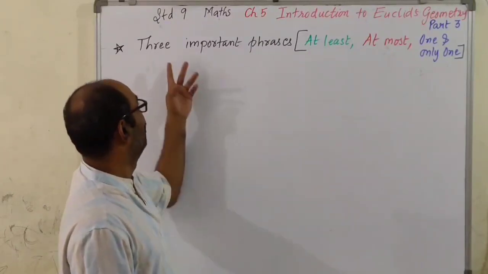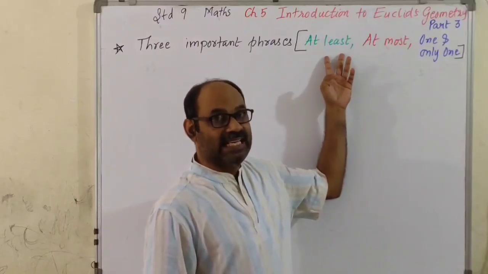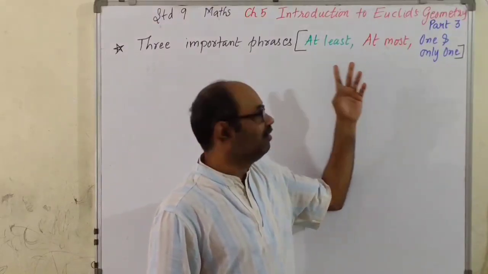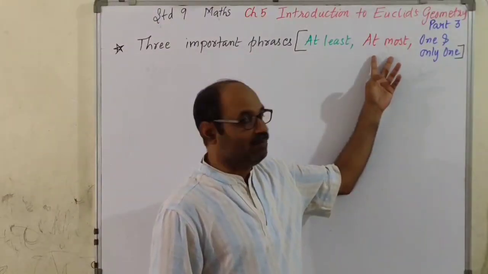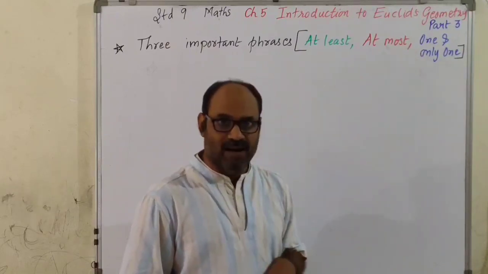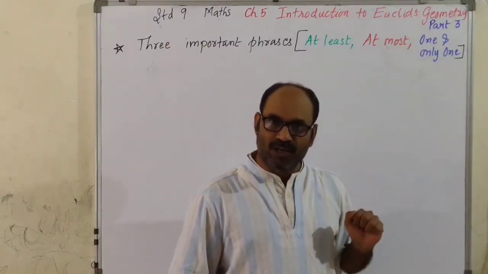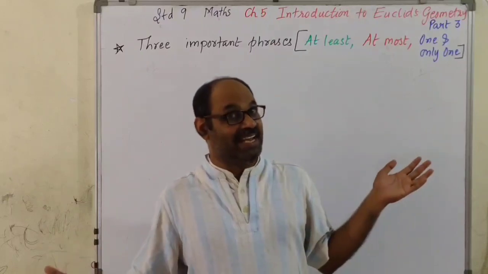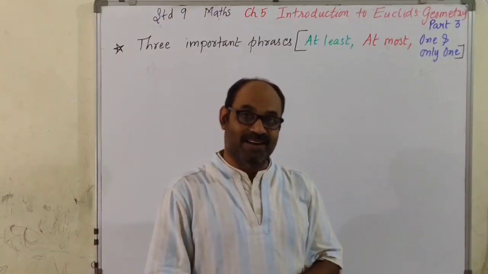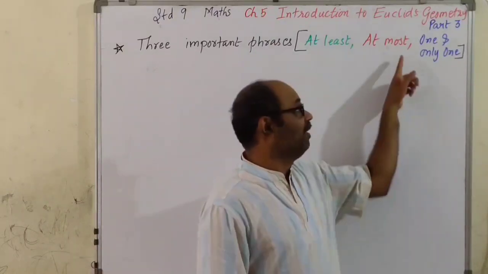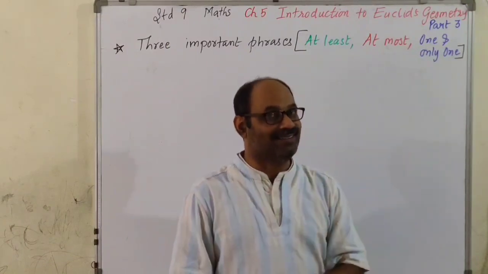So let's see them. First, at least two words. At most, two words. One and only one. It can be two and only two, 10 and only 10, 100 and only 100, dozen and only dozen.